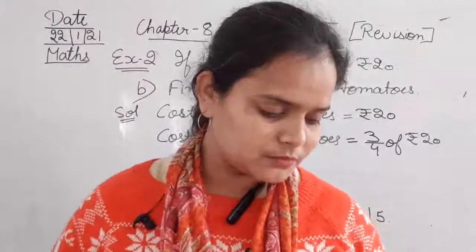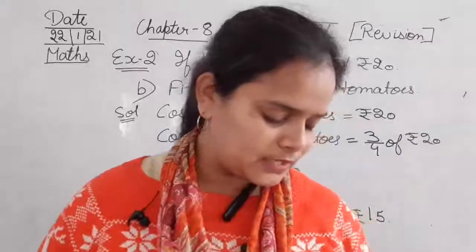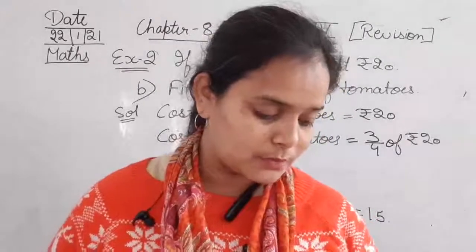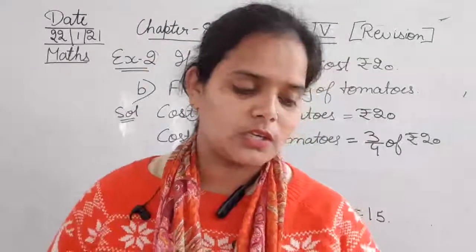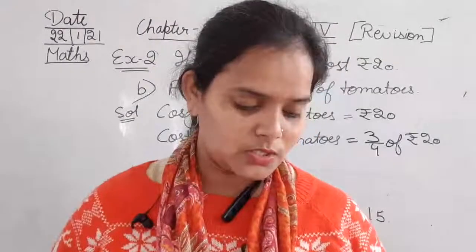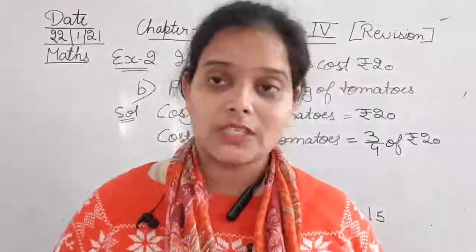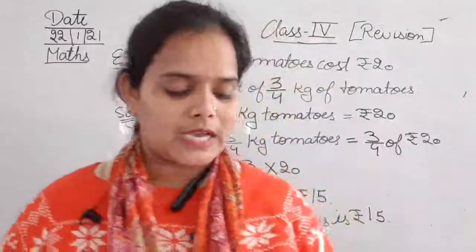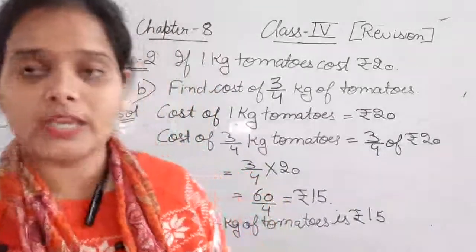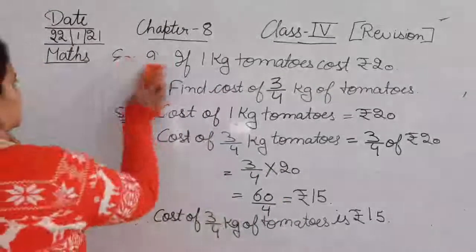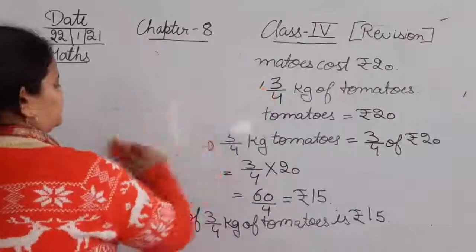So let's move to some other part. Okay, so I will start with sum number 4 from exercise 8.2. Because as we are doing the revision, so in spite of doing this picture work, okay, I will start with sum number 4. चलिए, exercise is 8.2.